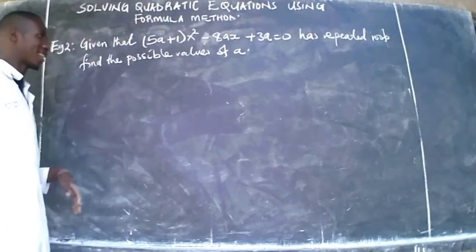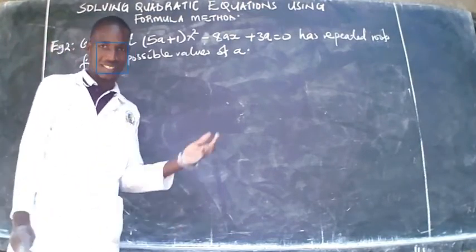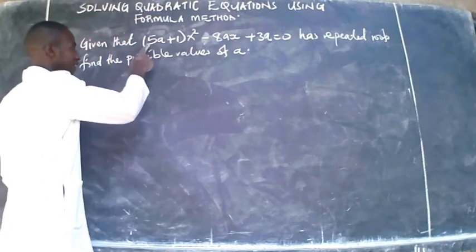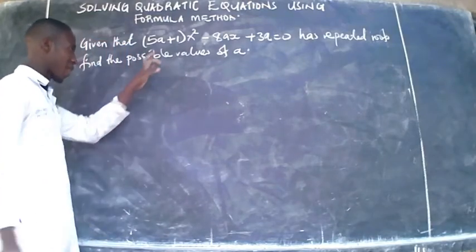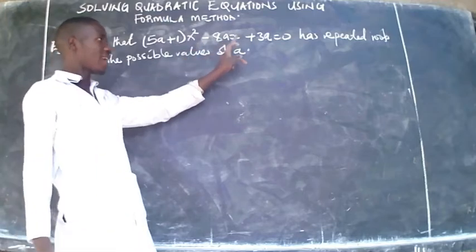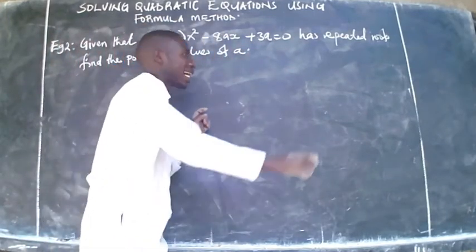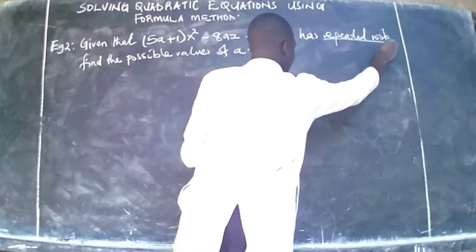When you see number 2, it is very interesting. I just like it. You can see it also. Given that (5a plus 1)x squared minus 8ax plus 3a equals 0 has repeated roots.